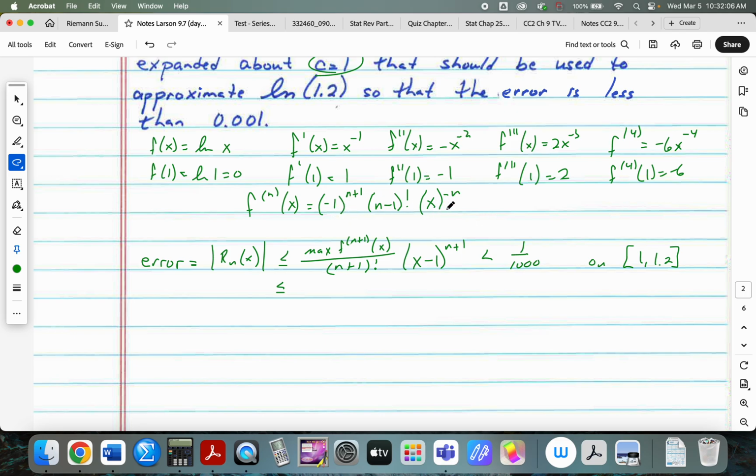To make this as large as possible, I need to put in 1, so that's just going to be 1. So that's simply going to be n minus 1 factorial over n plus 1 factorial. We're evaluating this at x is 1.2, so this will be 0.2 to the n plus 1 power.